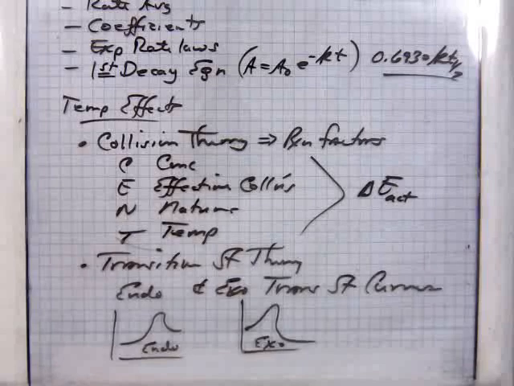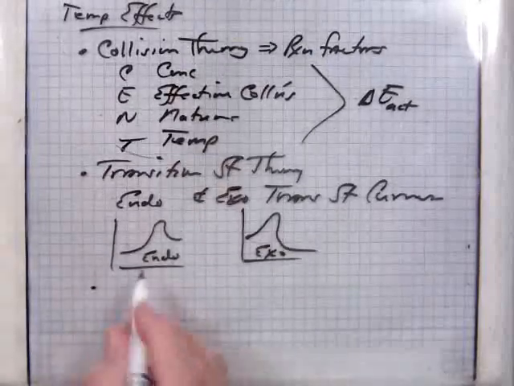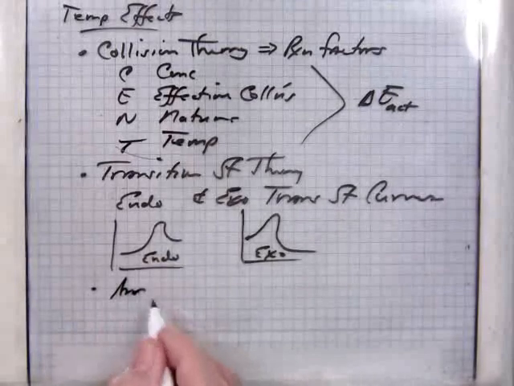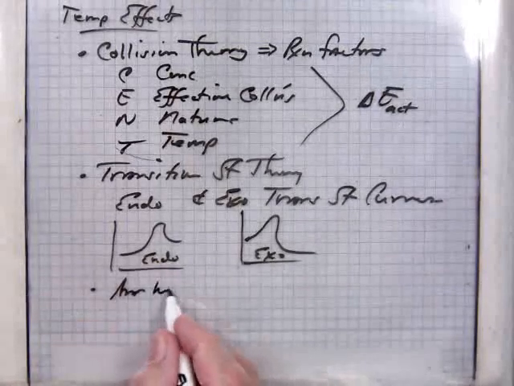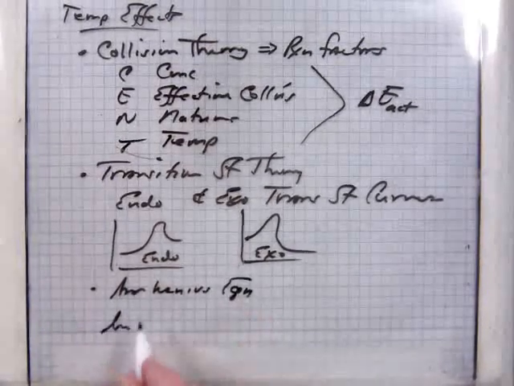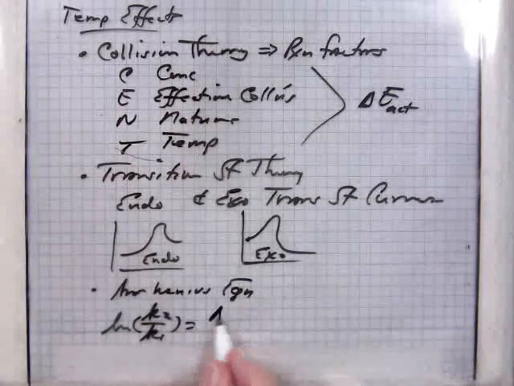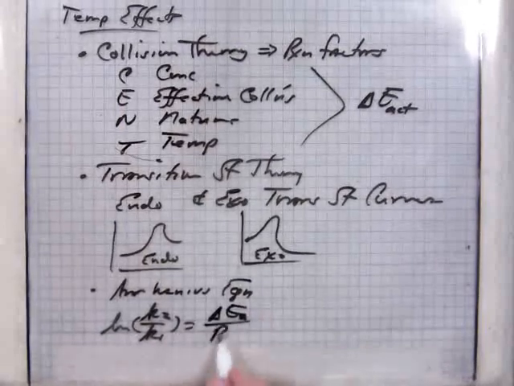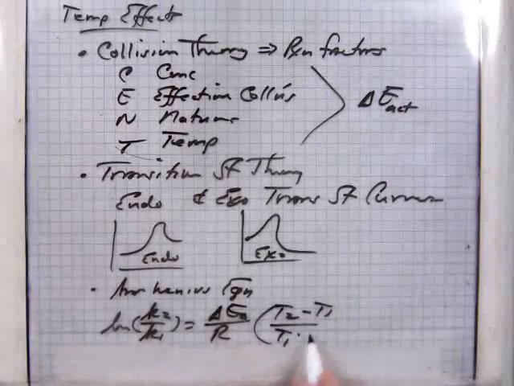Okay, then the Arrhenius equation, yeah, you got to memorize it. I'm not going to print it on the test. It's K2 over K1 equals delta E activation energy over R, times T2 minus T1 over T1 times T2.